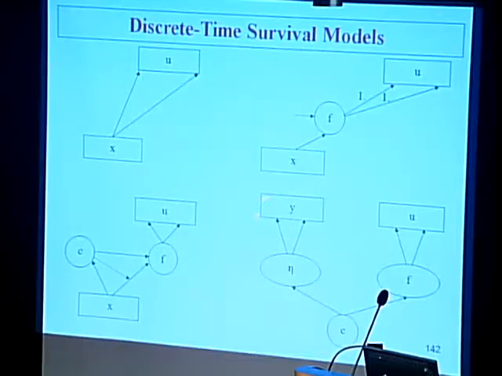A rectangle of Y's and maybe an ellipse for eta, so these are growth factors. And actually you have a growth mixture model here, which we're going to talk about in August, influencing the hazard or influencing the survival model part. And with that, I think it's time for Linda to jump in.